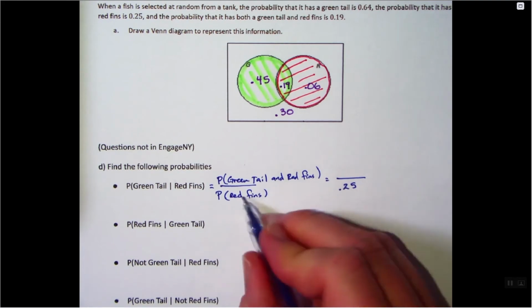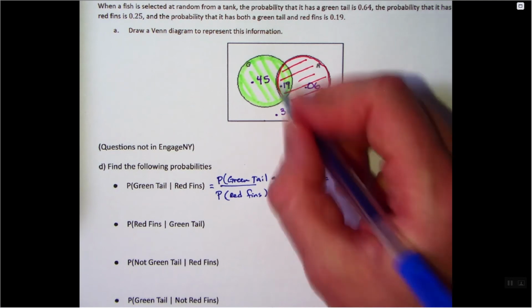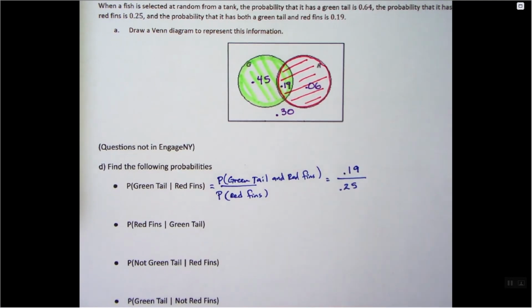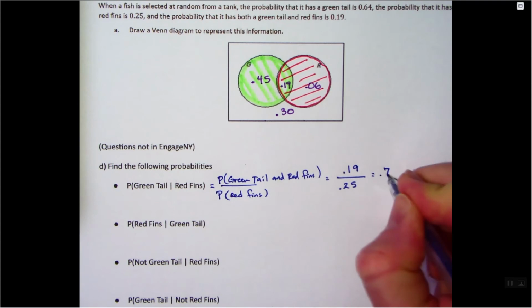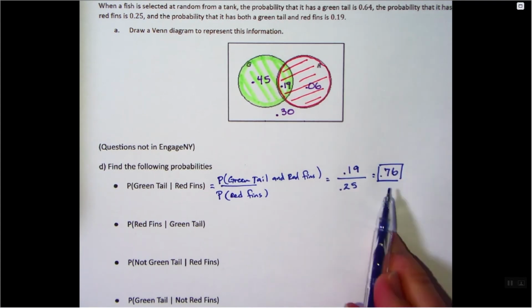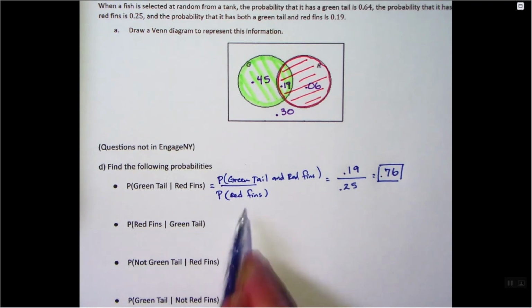Okay, green tail and red fins is this overlapping intersection piece, which is 0.19. And if you divide 0.19 divided by 0.25, you get 0.76. Okay, there's a 76% chance that if you know it has red fins, it also has a green tail. That's what that means.